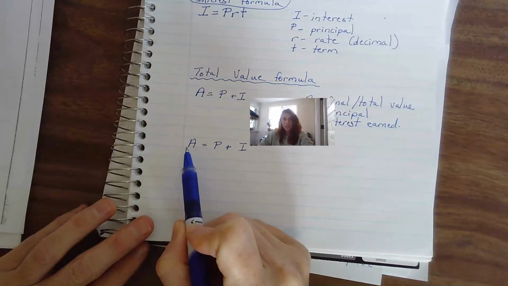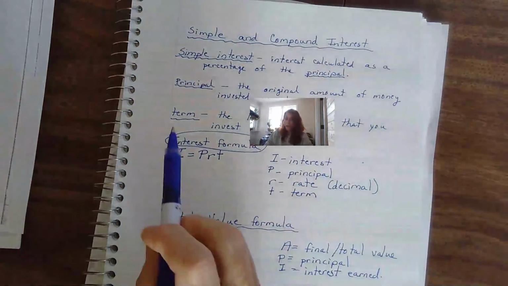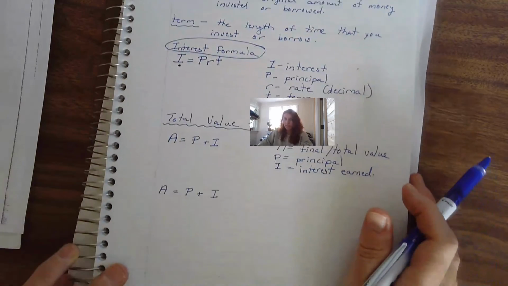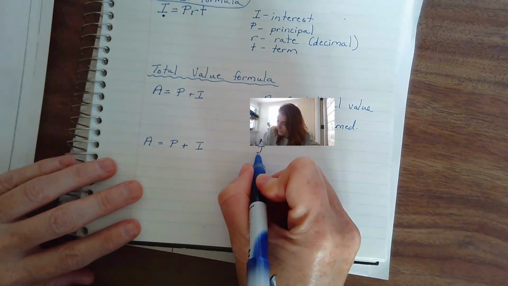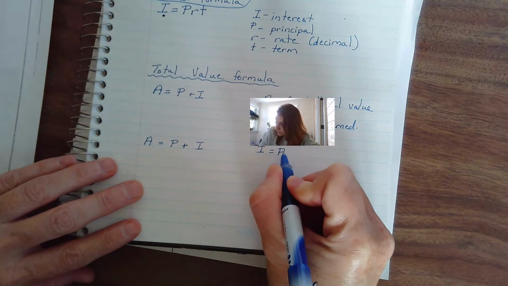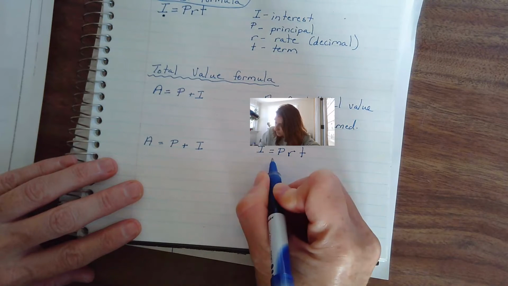So this is going to give you your total, but first we have to figure out how much interest is earned. What will be the interest? Okay, so we're going to start off with the interest is the principal times the rate times the term.